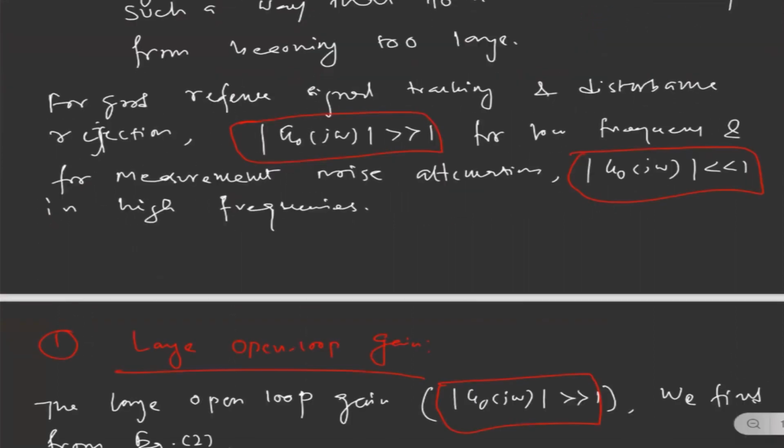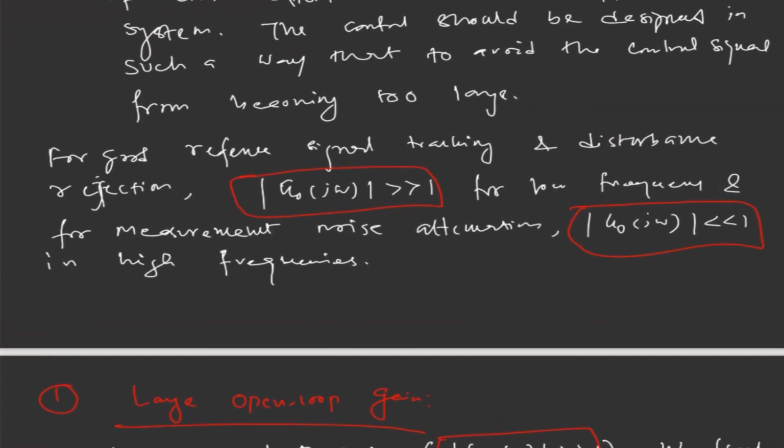Now let's look at the small open loop gain. There are two conditions we have discussed in the combined error tracking. One is high gain, another is low gain. Now we'll look at how the small open loop gain is going to affect the total control effort.